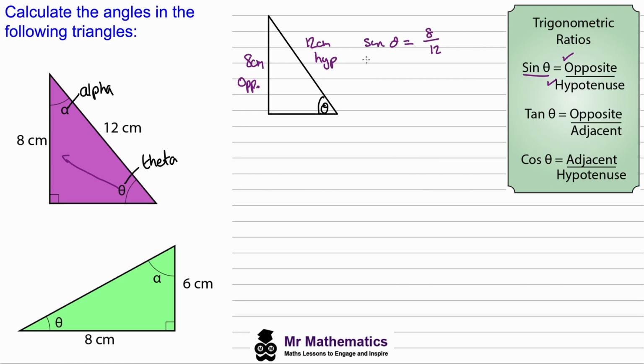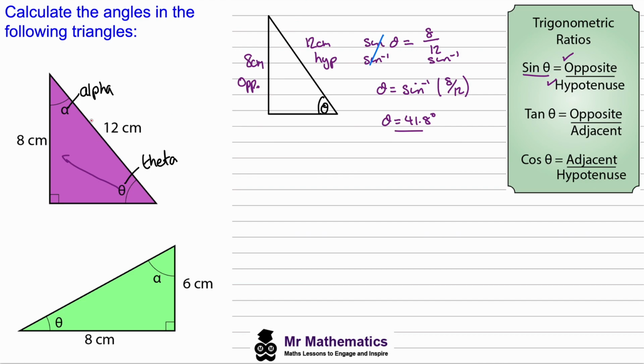This is called arc sine, which we write as sine to the -1. These two inverse operations will cancel, so we're left with theta equals the arc sine of 8 over 12. We can work this out on our calculators, and we get theta is equal to 41.8 degrees.